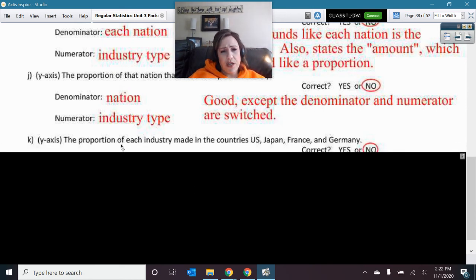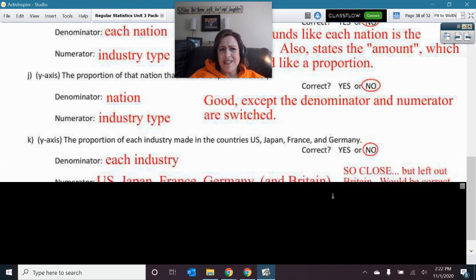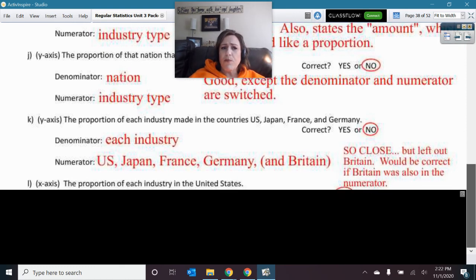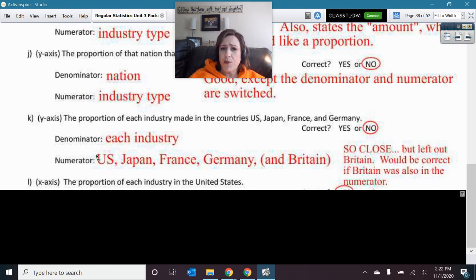The proportion of each industry made in the countries US, Japan, France, and Germany. That sounds good actually, except they kind of forgot Britain. If they had put Britain in there, then it would have been correct, because it's the proportion of each industry made in those particular countries.